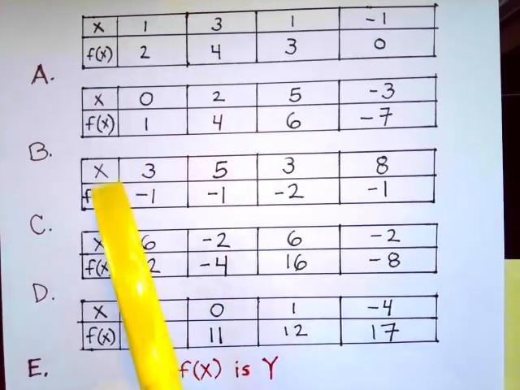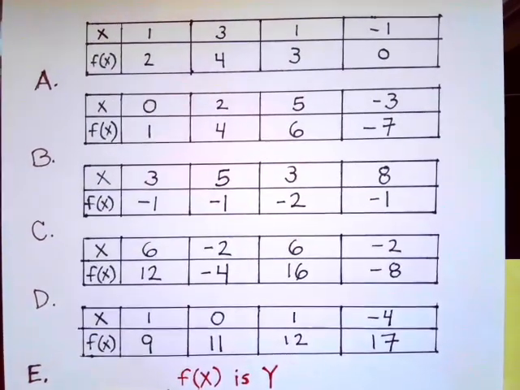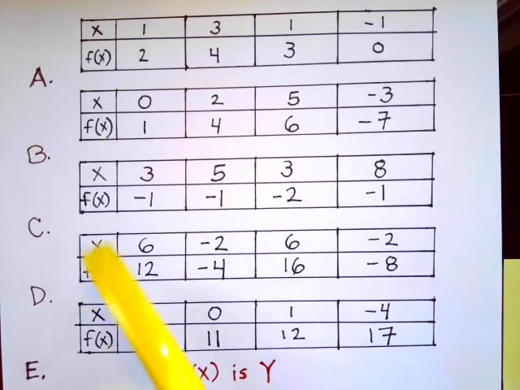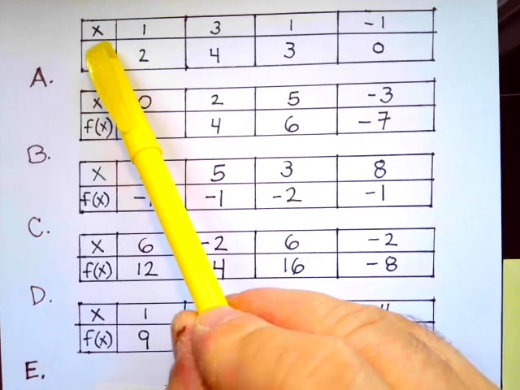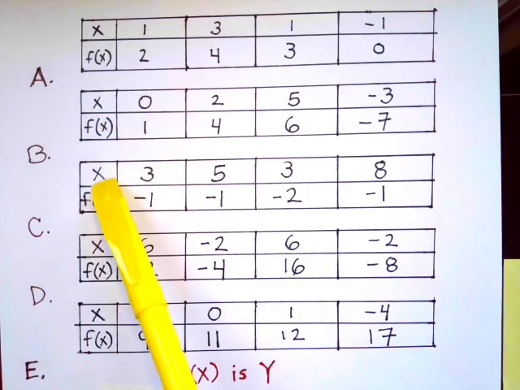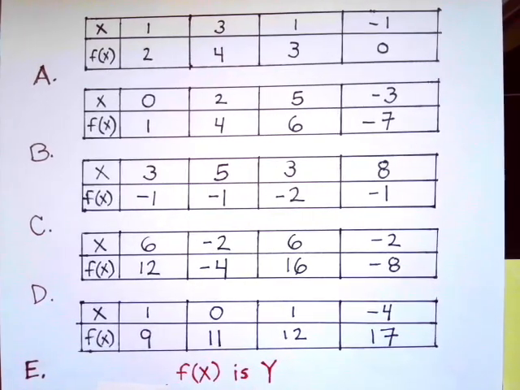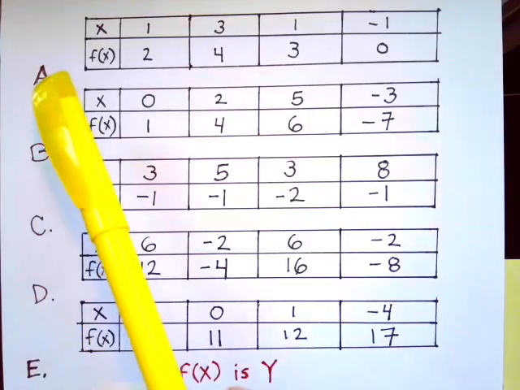And maybe some of these tables are starting to look a little more familiar to you. You have the x and y values. But for some of you, you may see these. I know for me, it kind of threw me off.